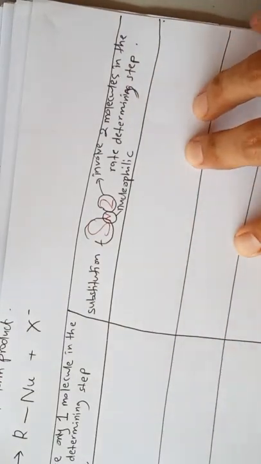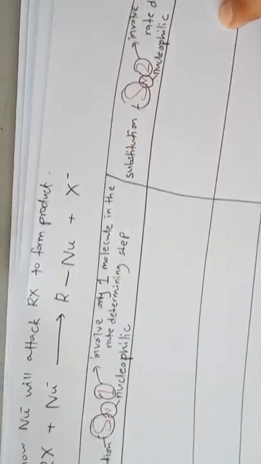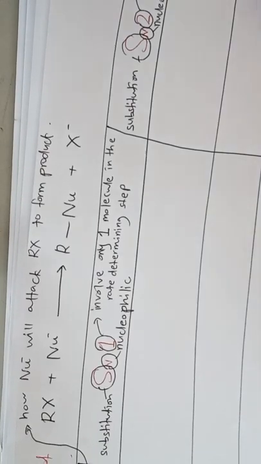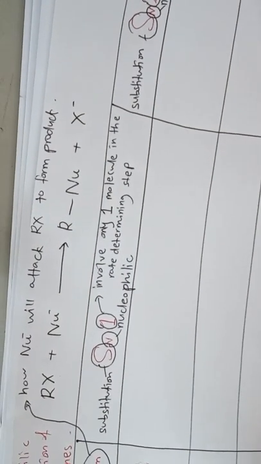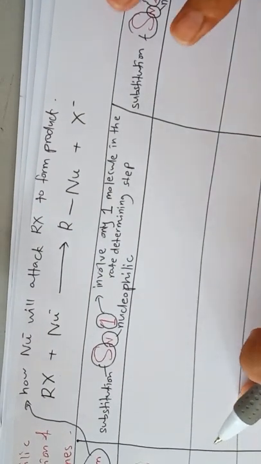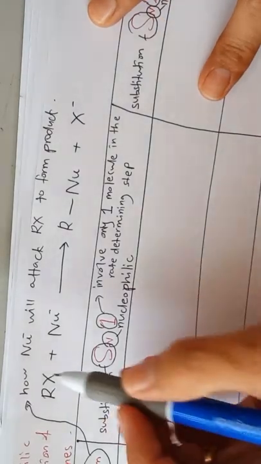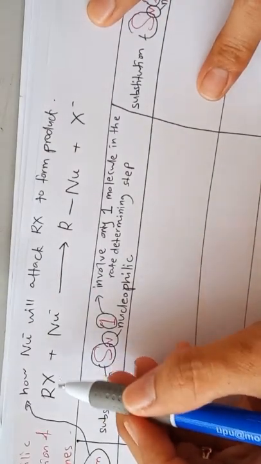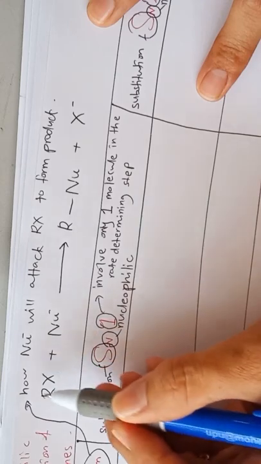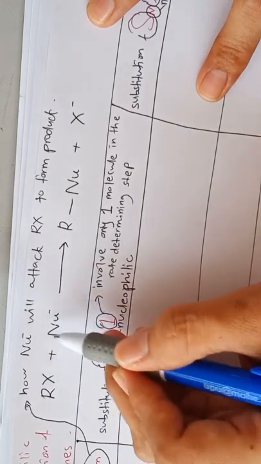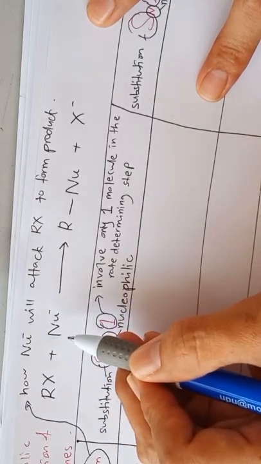If we want to talk more about this kind of mechanism, look at the general equation. We have a haloalkane reacting with a nucleophile.